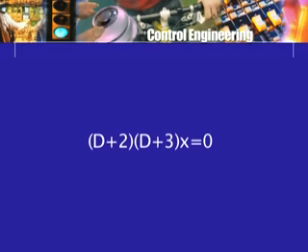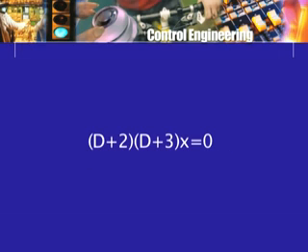What this means is, apply the operator D plus 3 first, which means calculate dx plus 3x. To that result, you apply the operator D plus 2, and the whole final result should be equal to 0. This is the problem of the homogeneous equation.